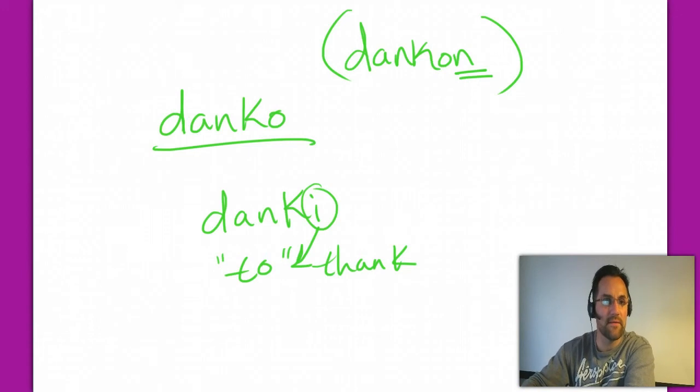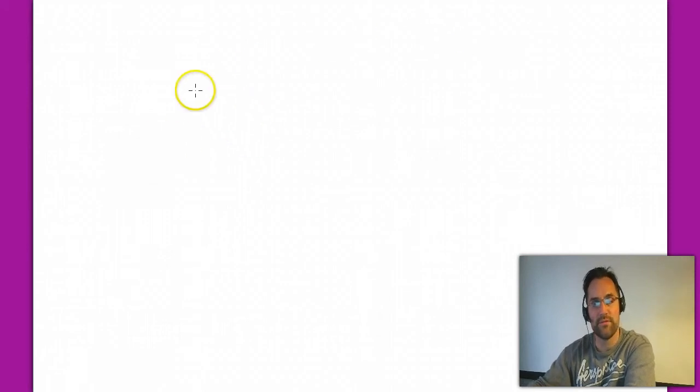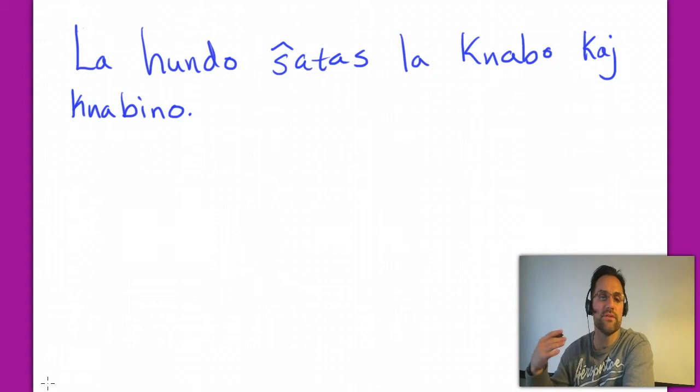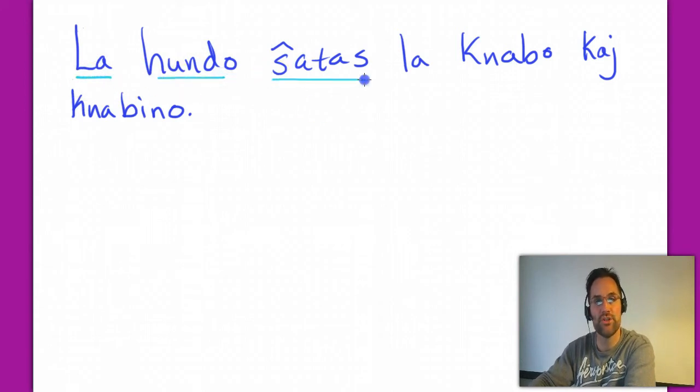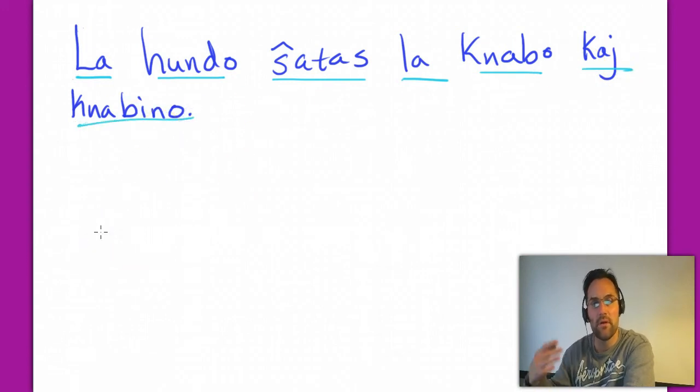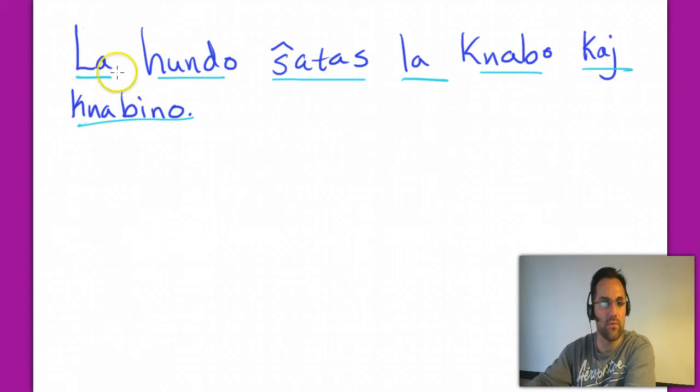Let's look at another accusative that we might have. So here's a tricky sentence. La hundo shatas la knabo kai knabino. Okay, so what we have here is the hound, or the dog, right?